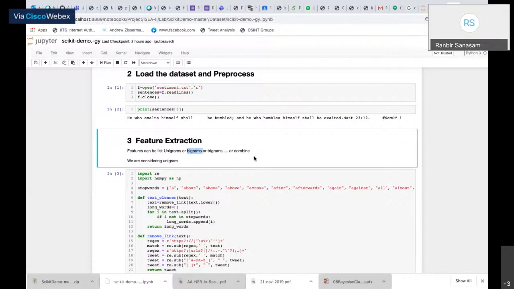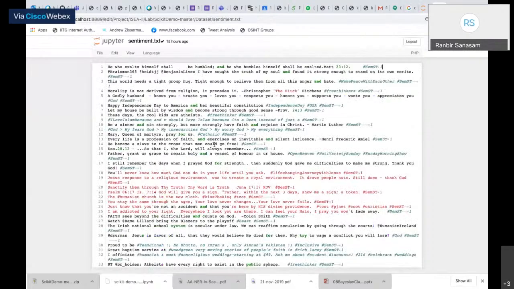Unigram means every word in the collection. In these tweets, you first extract all the individual, unique words. All these unique words are unigrams. So you consider unique words as features, and build the feature space model.